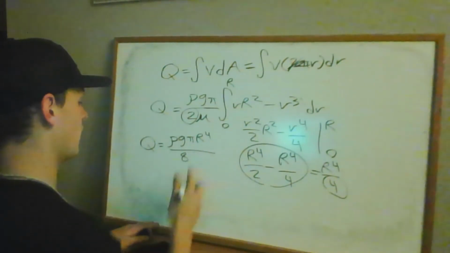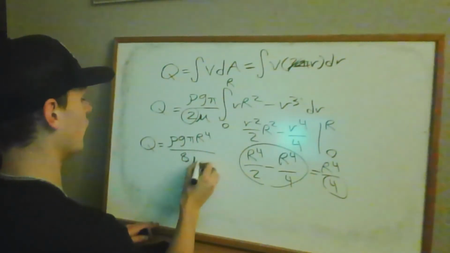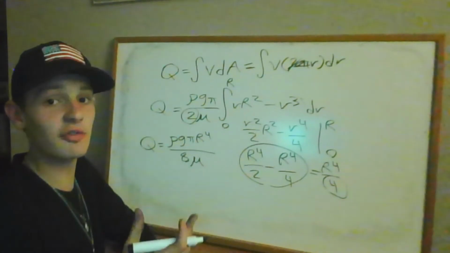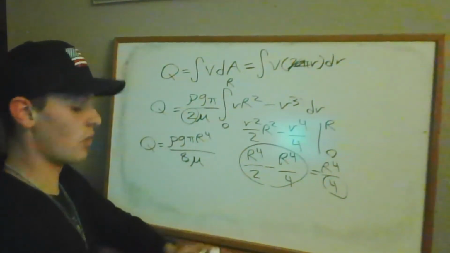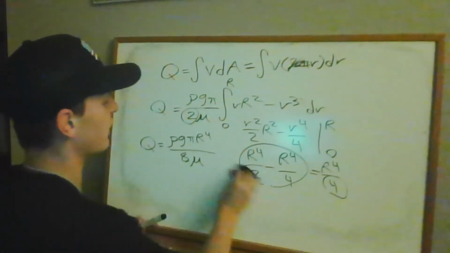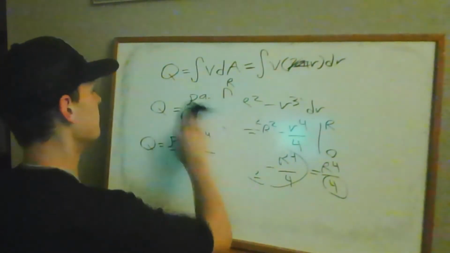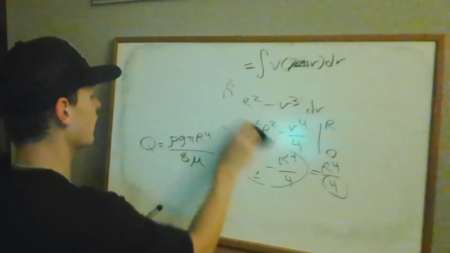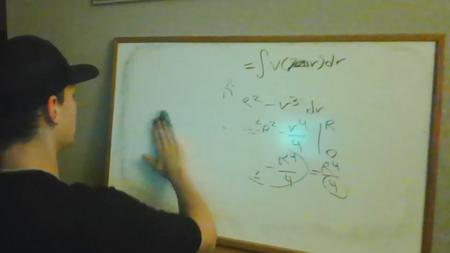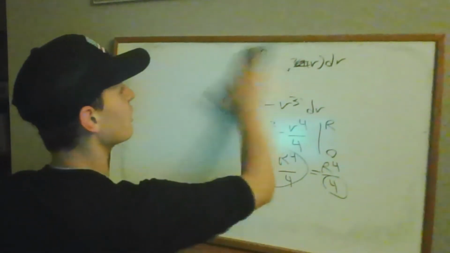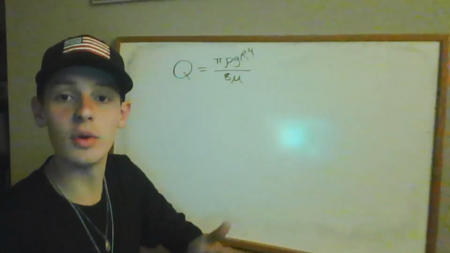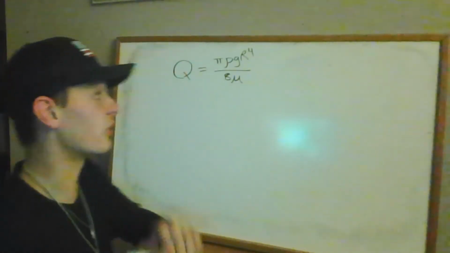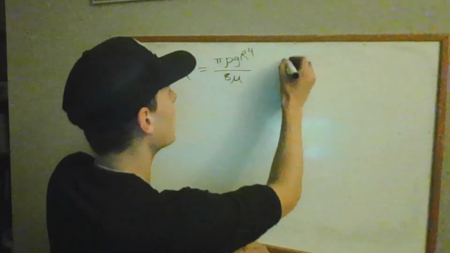Now, because we're ultimately going after the Fanning friction factor, we're going to want to re-express this in terms of the diameter. So I'm going to take some time to erase all of this, and then we will continue with this derivation. I'm going to express the volumetric flow rate in terms of the diameter of our cylindrical pipe.